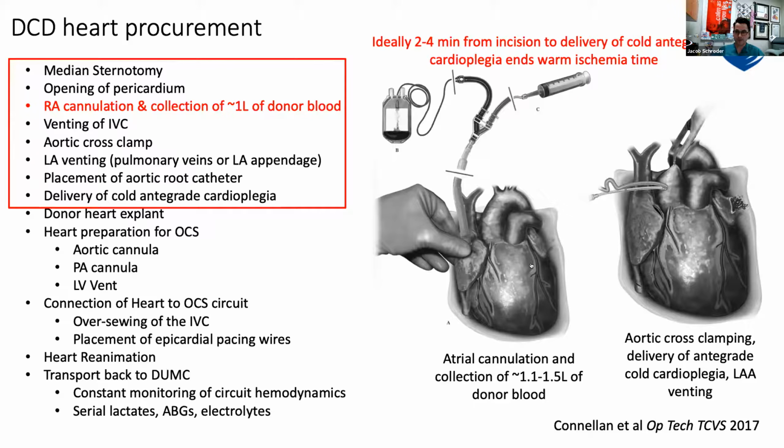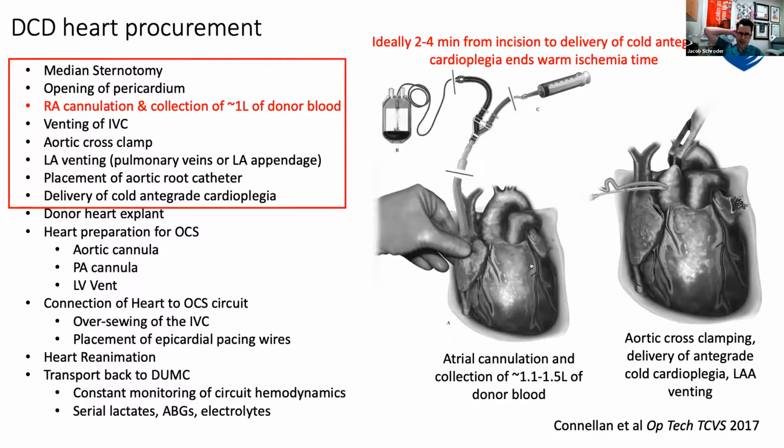But the first thing we do is a skin incision, sternotomy, and the way it used to be done is that we would put this cannula or tube in the right atrium and draw off about 1 liter of blood. And you do that generally by gravity drainage.